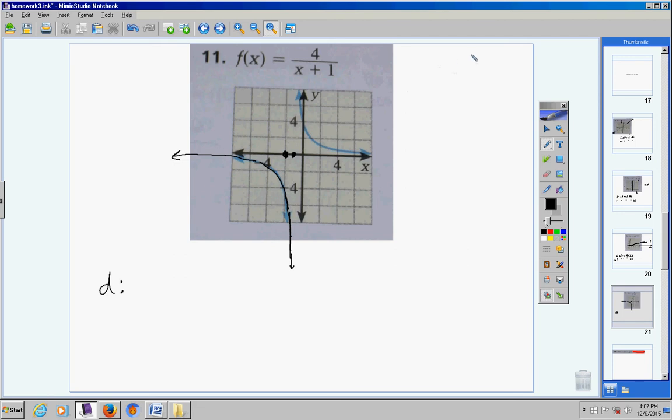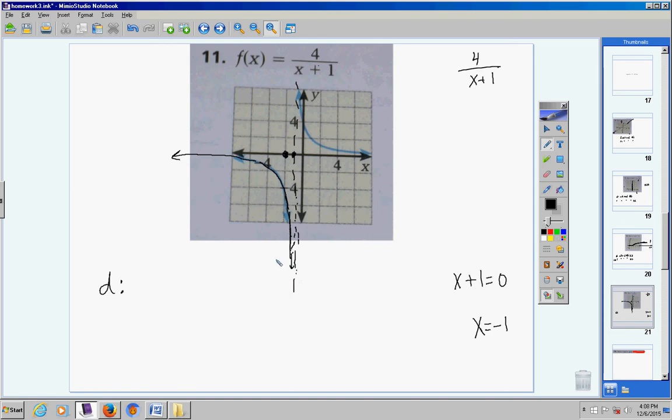Later on, you're going to learn when you have a fractional function like this with x in the denominator, you take the denominator and you set it equal to 0 and you solve, okay? And you get negative 1, and that tells you there's an imaginary dotted line there that you can't see that the graph will never cross. Okay, now again, I'm not going to quiz you or test you on these, but still we'll go over this, okay?